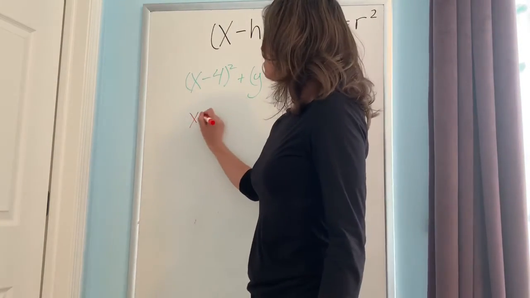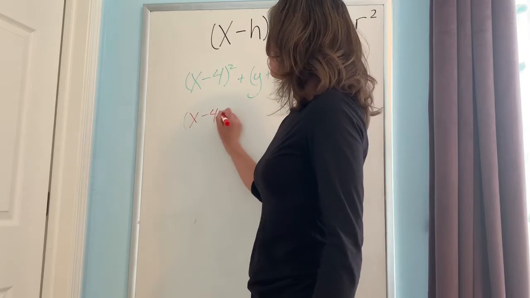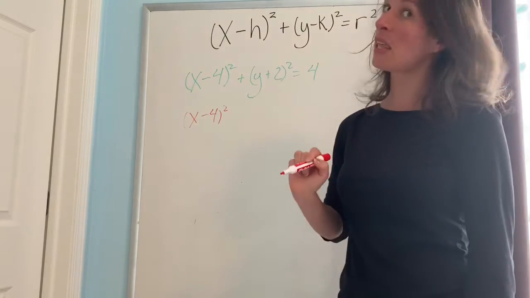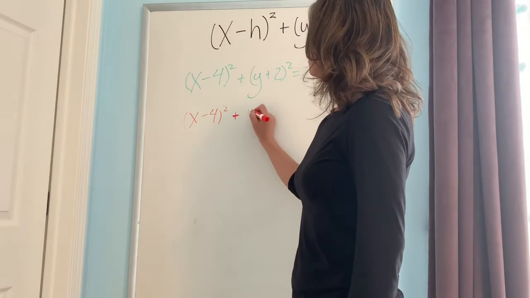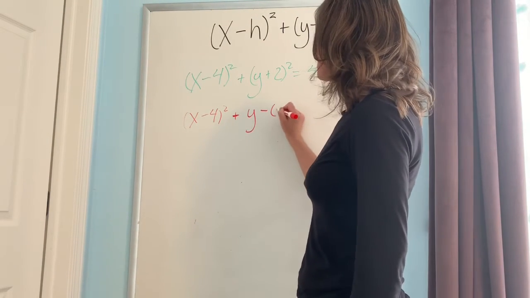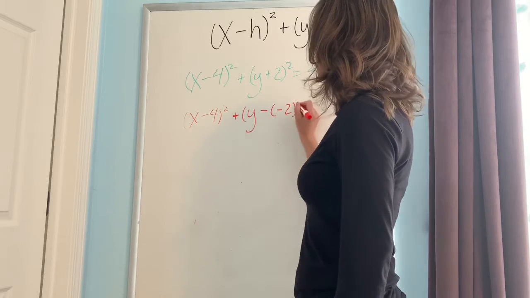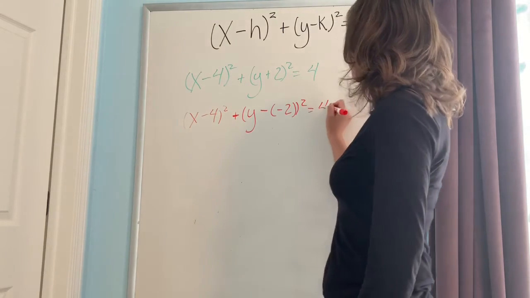So I have (x minus 4) squared, that looks like this, so that we can see what our center is, plus y minus a negative 2, squared, is equal to 4.